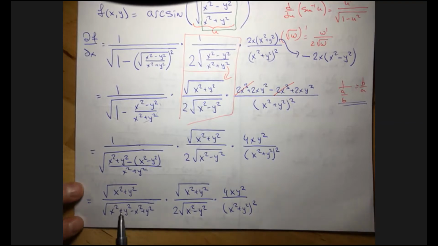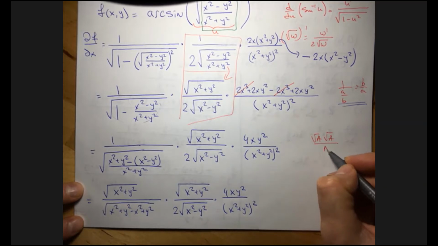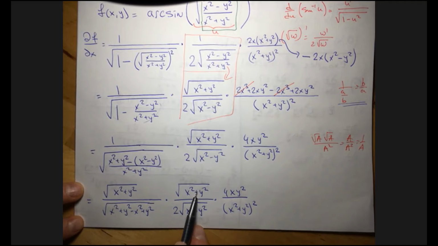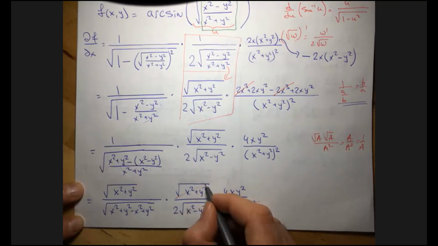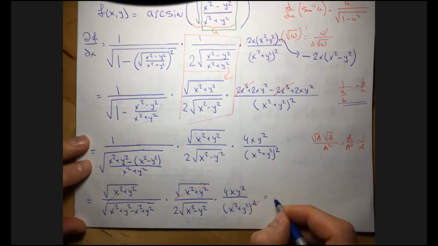Now let's cancel. Square root of a times square root of a over a squared is equal just to a over a squared, which is 1 over a. So I get, and 2 cancels with 4.